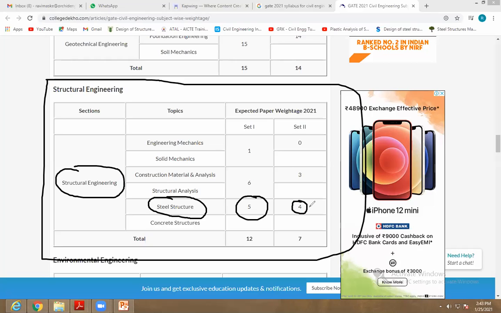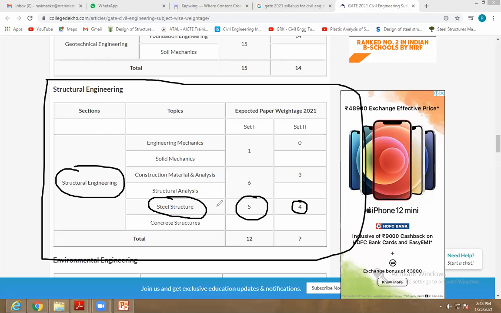Right? It means you have to study working stress method, limit state method, as well as plastic analysis, and after studying it, the expected weightage in this year's GATE examination for steel structure may be 5 marks or 4 marks.